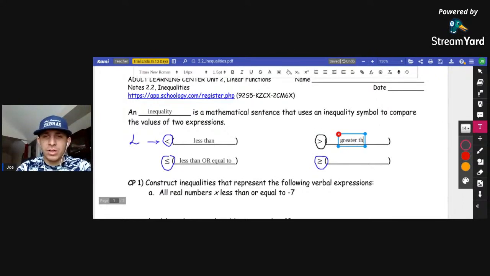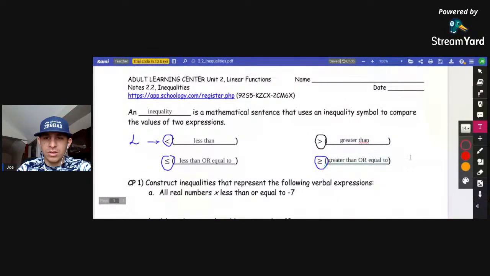Right, so then we have greater than. And then obviously same thought process here, greater than or equal to.